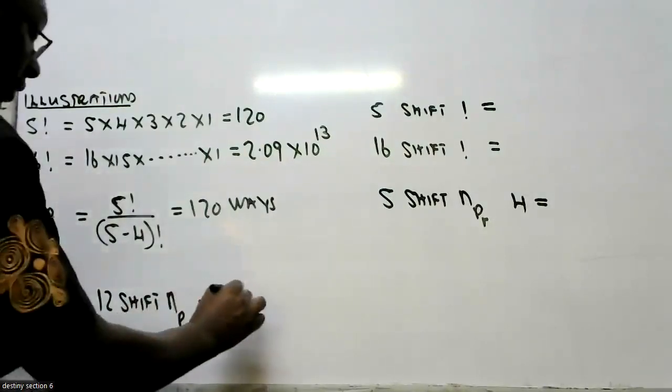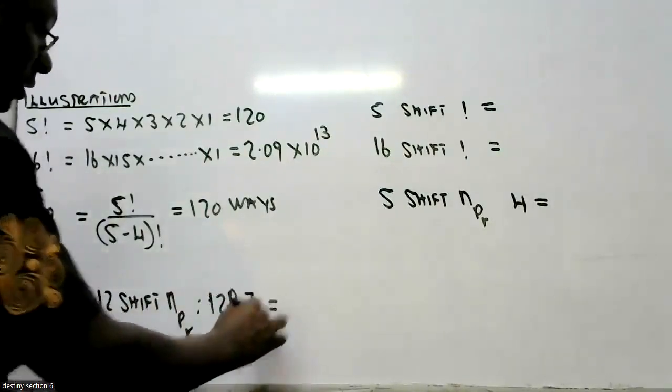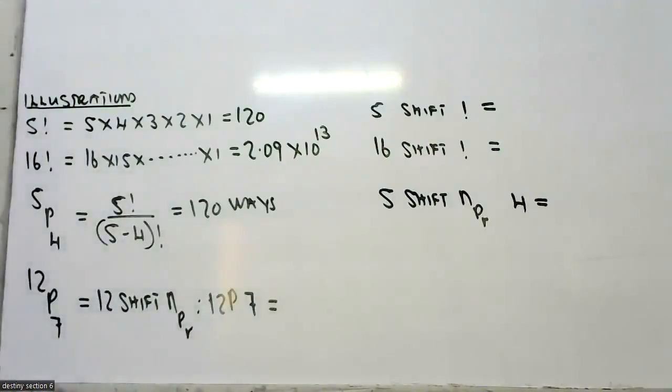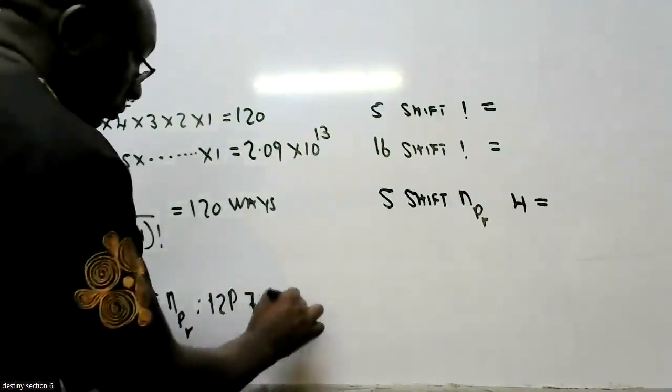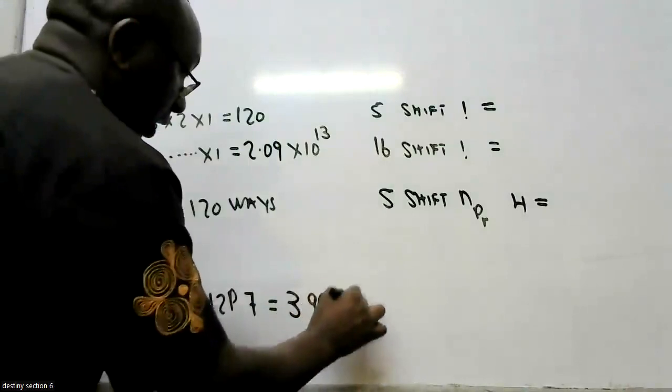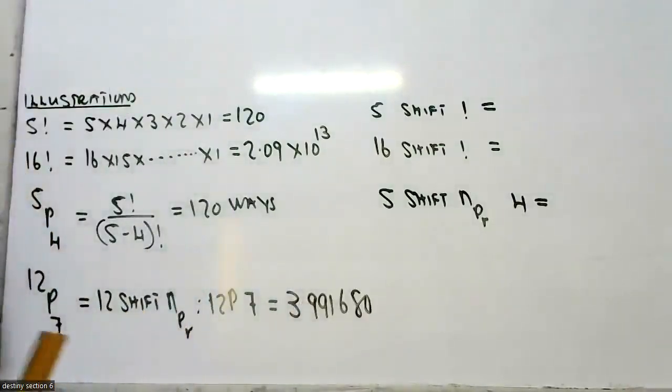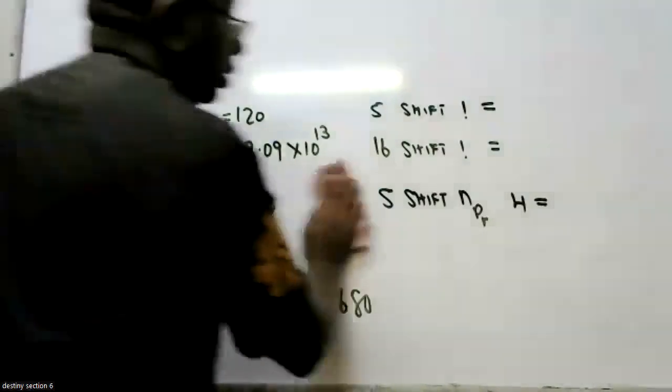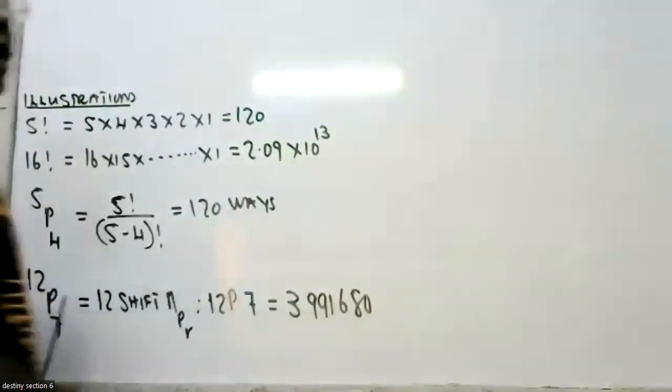Then you press 7 and then equals. 981,680. Good. That is how we do the computations. It is as simple as that.